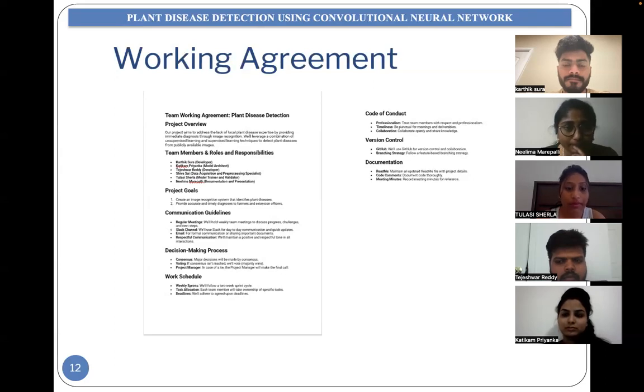Coming to team members, roles and responsibilities, this was already explained by our teammate in the previous slides. Next, project goals: we have created an image recognition system that identifies plant diseases and also provides an accurate and timely diagnosis to farmers and extension officers.